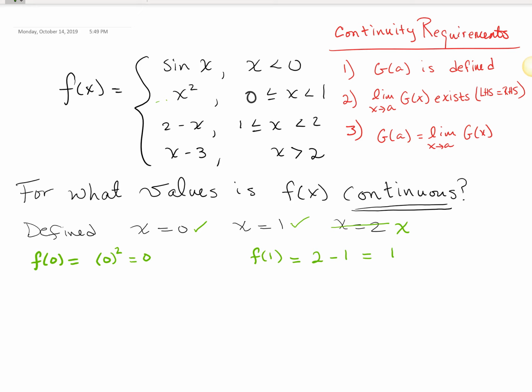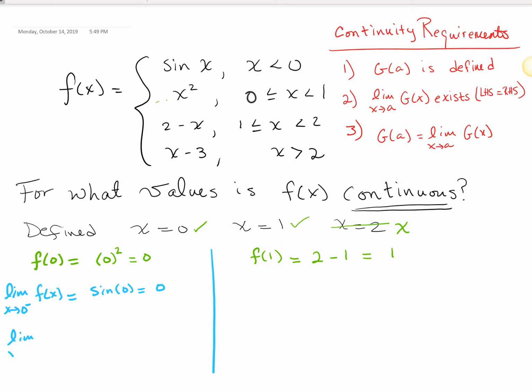Now what we do is we check the left and the right limit for 0, and then we'll check the left and the right limit for 1. So let's say the limit as x approaches 0 from the left of f of x, well, we're going to take that to be sine of 0 because that's to the left of 0, and the sine of 0 from the unit circle is just 0.